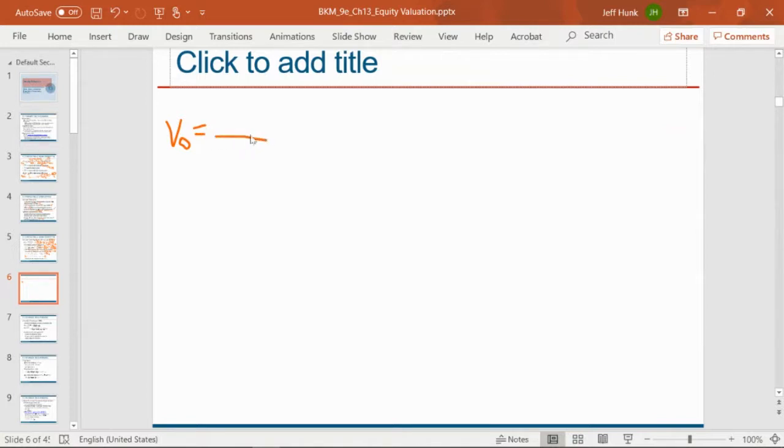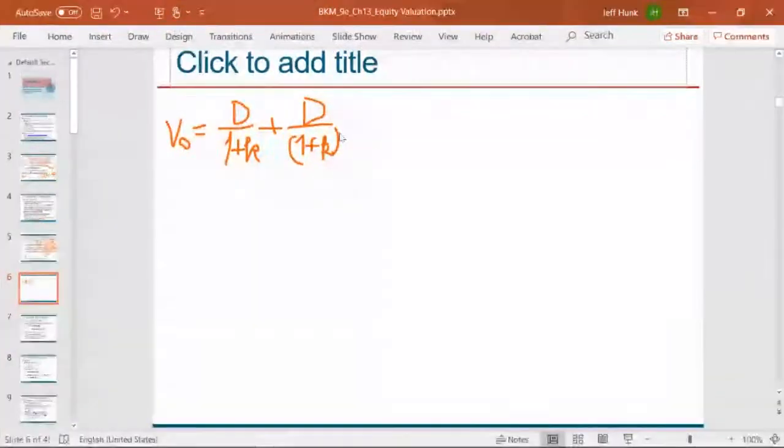It's D over 1 plus k, plus D over 1 plus k squared. And what's going to be next? D over 1 plus k to the third power, right? And it keeps on going. Let me just do one more.